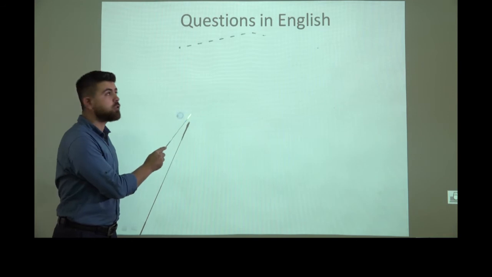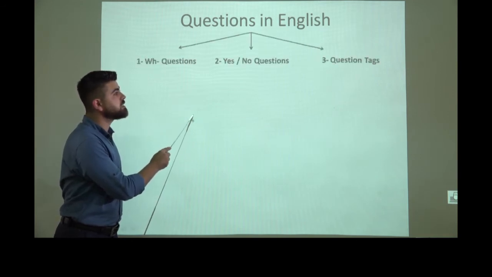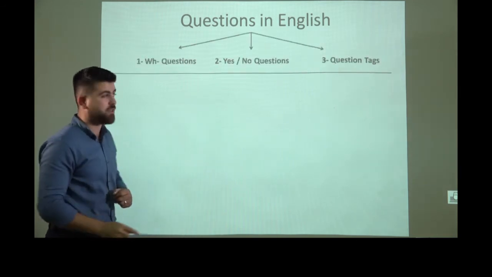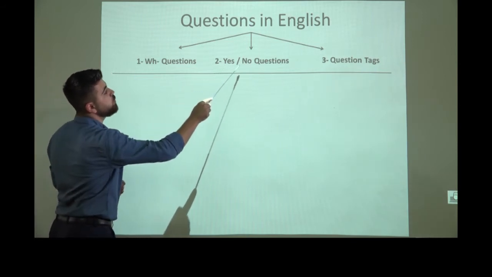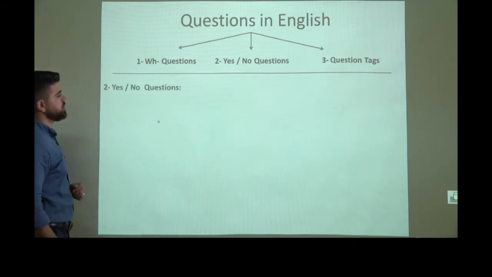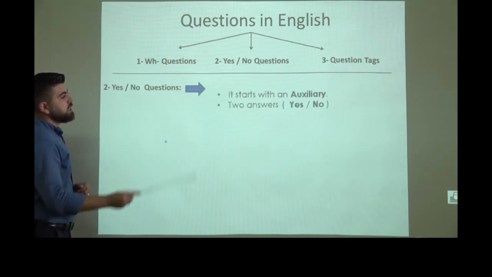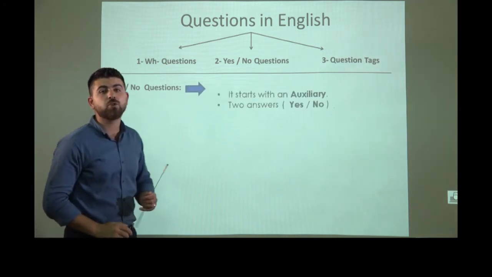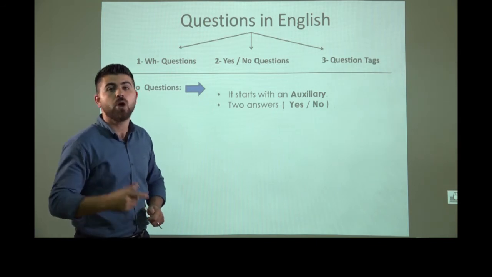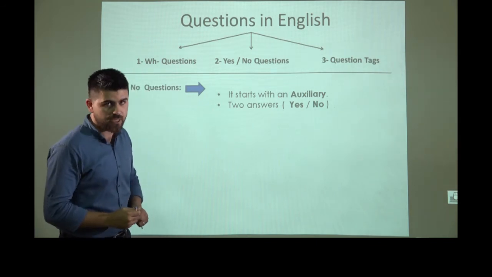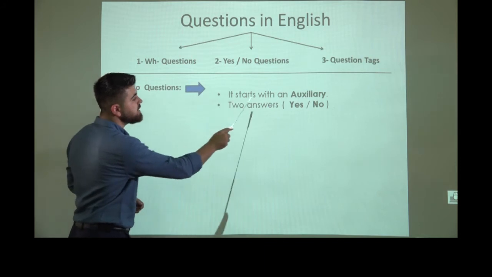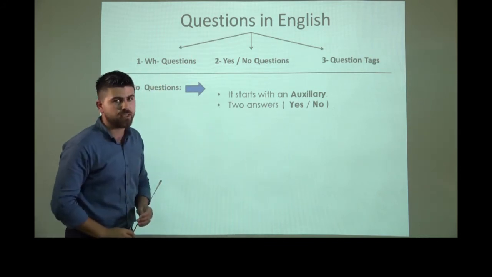Next, we're going to deal with the second part of the questions, which is yes or no questions. For yes or no questions, we have to know 2 things in order to order a yes/no question. Number 1, it starts with an auxiliary.